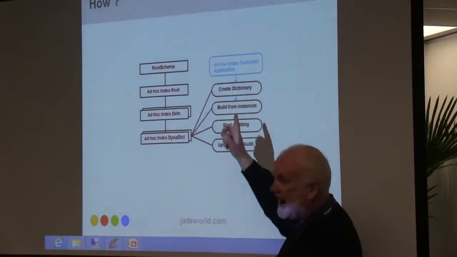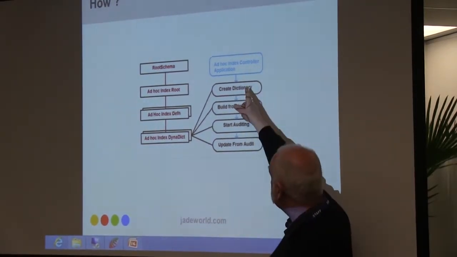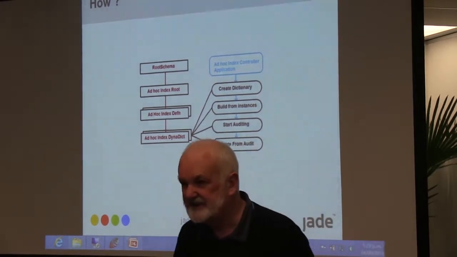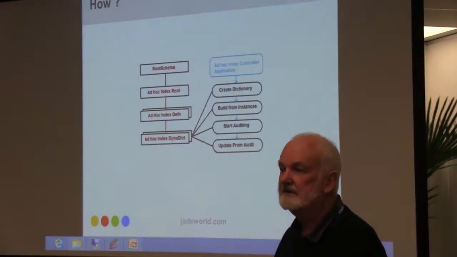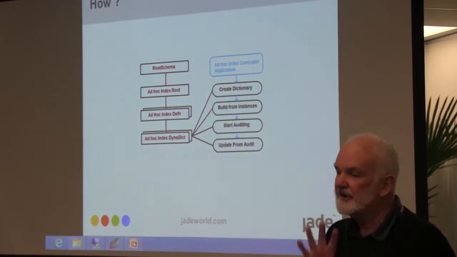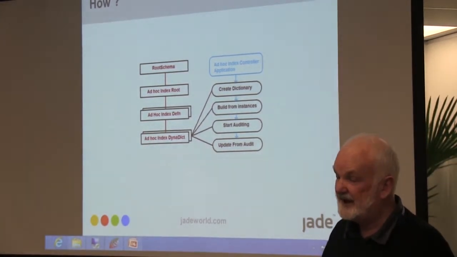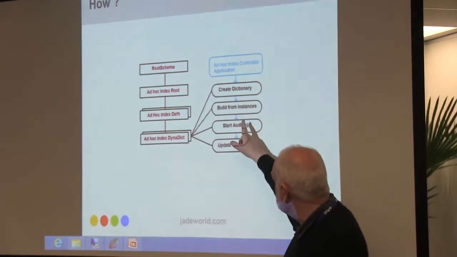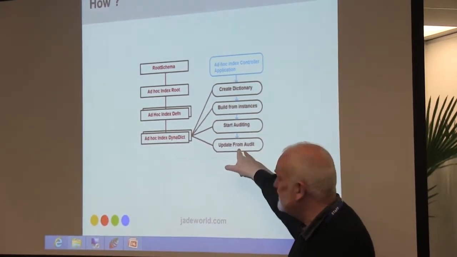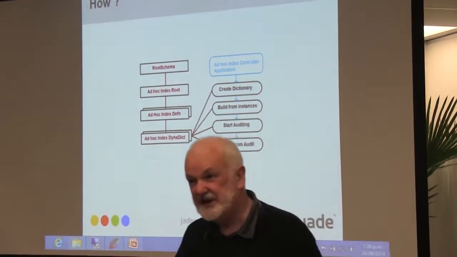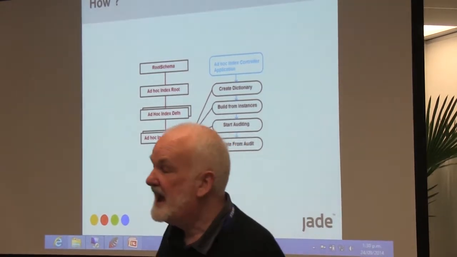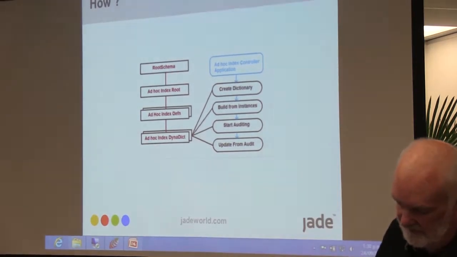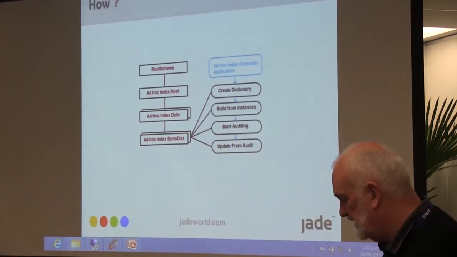When you ask it to build the index, it will create the dictionary. It builds it from the existing instances, and it does that in an unaudited manner, so that it's faster and doesn't have as much impact on your system. And then once it's built those indexes, it turns on the auditing and goes and scans the audits for any changes that have taken place. And that application will sit there in the background doing that while there are indexes live.